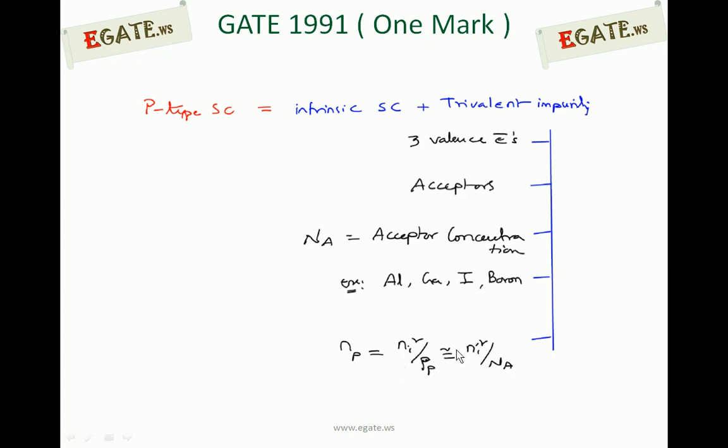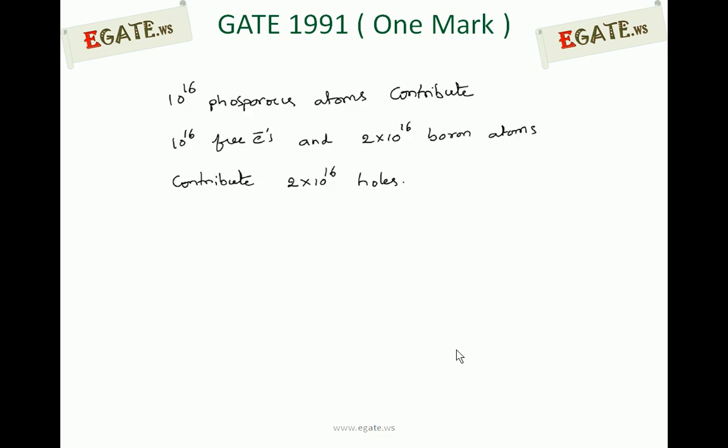So what we have concluded is that the number of free electrons generated in N-type is the number of donors added, and the number of holes generated in the valence band is the number of trivalent impurities added. In our question, 10 power 16 phosphorus atoms are added.